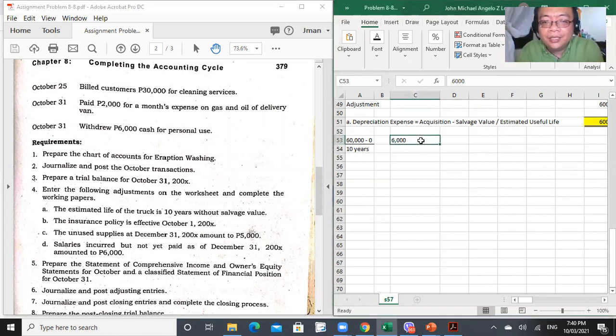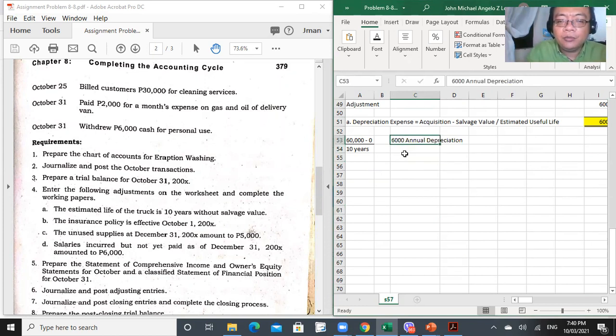So meaning the 6,000 here is the annual depreciation. What we will report here is as of December 31.